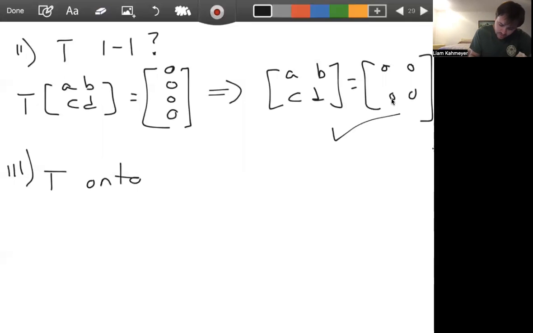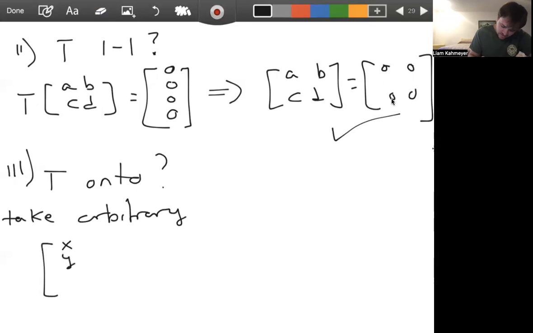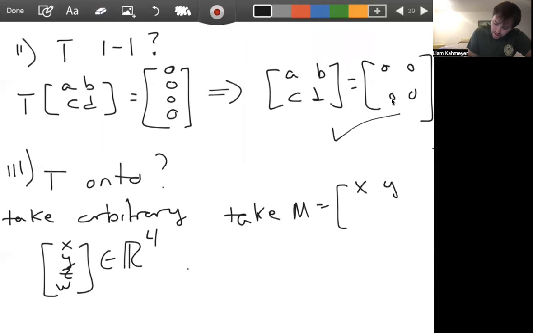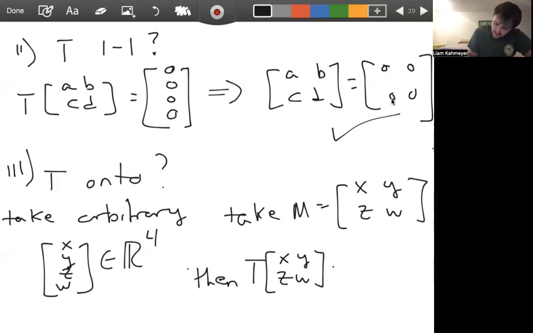Then, to show that T is onto, we take an arbitrary X, Y, Z, W contained in R4. Does there exist a matrix that gets mapped to this? Well, take M to be X, Y, Z, W. Then T of X, Y, Z, W is equal to X, Y, Z, W, which shows that it's onto.